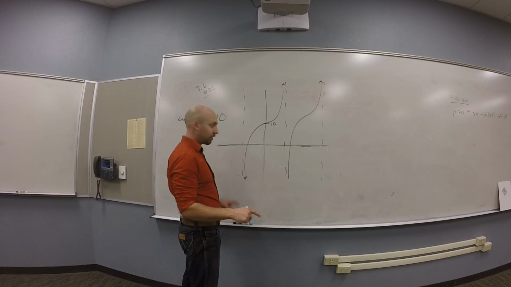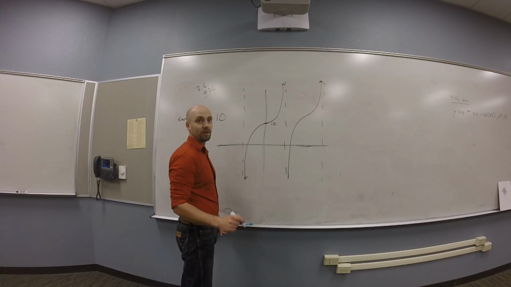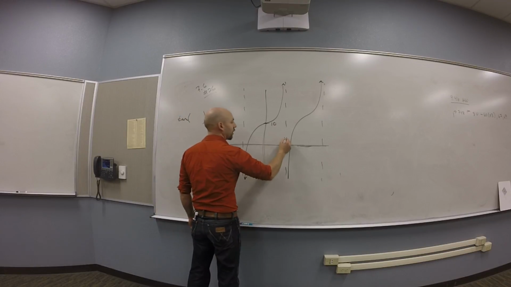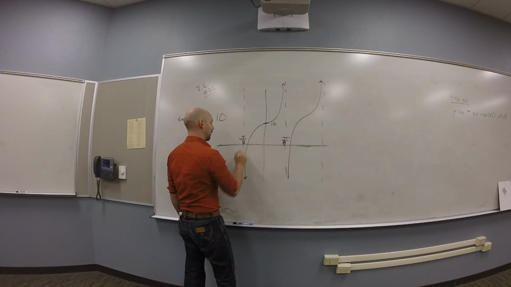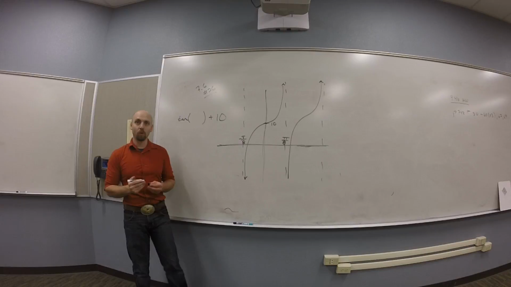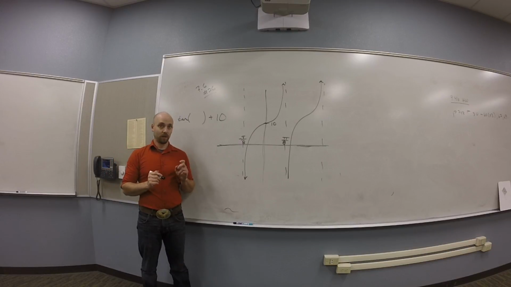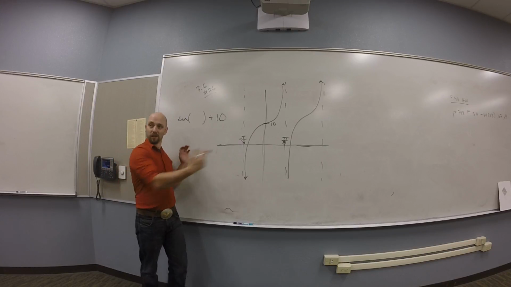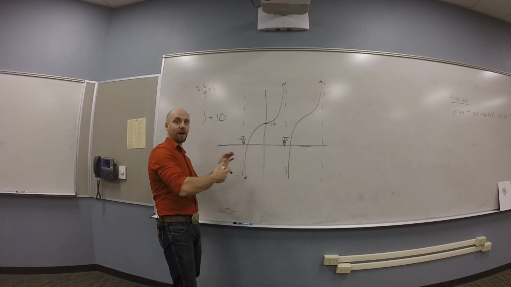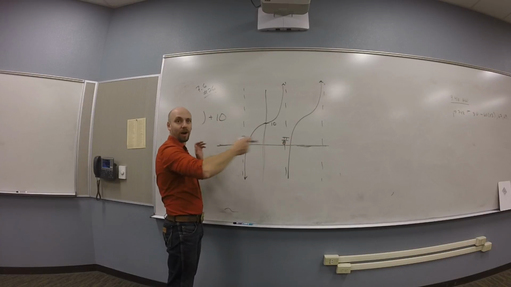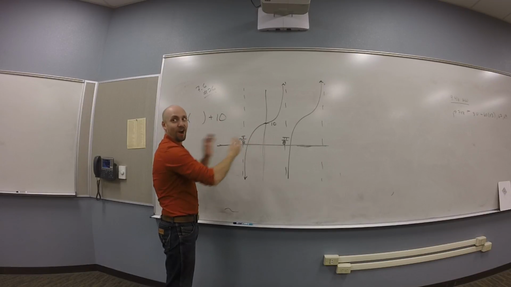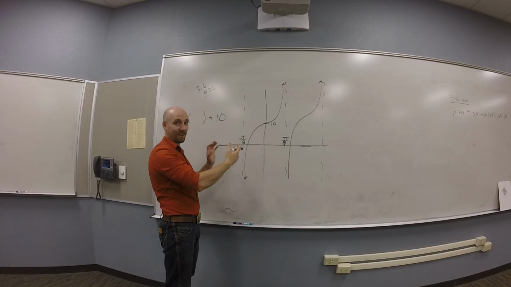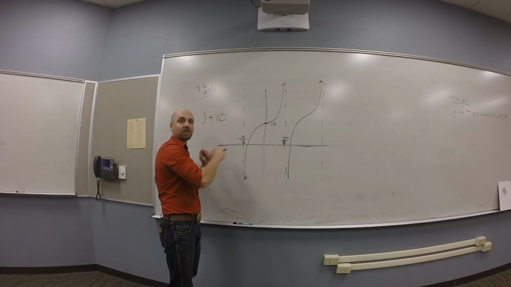Then these guys here are what in the picture? The asymptotes. Where are the asymptotes in the picture? They are at pi over 8 and minus pi over 8, not pi over 4, which means it's been compressed. It's a horizontal compression, not a vertical one, and not a horizontal shift.